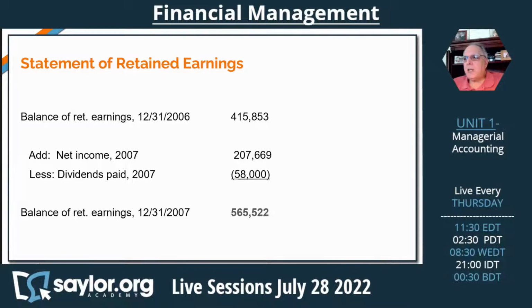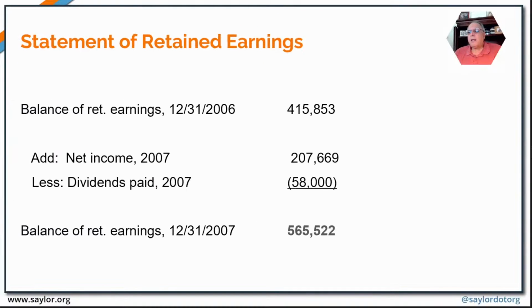Retained earnings, let's take a moment and think about what retained earnings are. Remember that at the bottom of the income statement, we had earned a certain amount of profit. Now, management makes a decision about that profit. If this is owned by shareholders, or if it's a publicly traded company, that money belongs to the owners. It belongs to the shareholders.